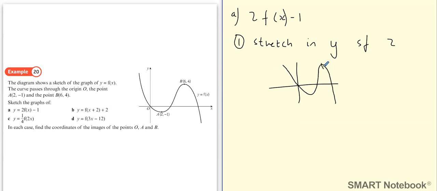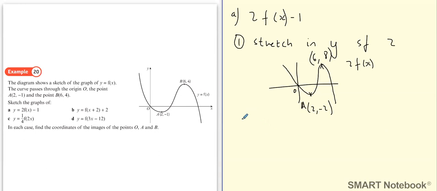It's going to look something like this. But A now is going to have coordinates (2, -2). So this is 2f of x first. And I always do it in 2 graphs. I won't do it in 1 graph altogether.